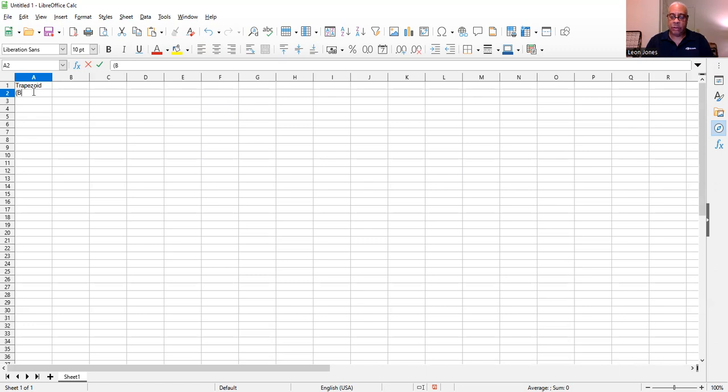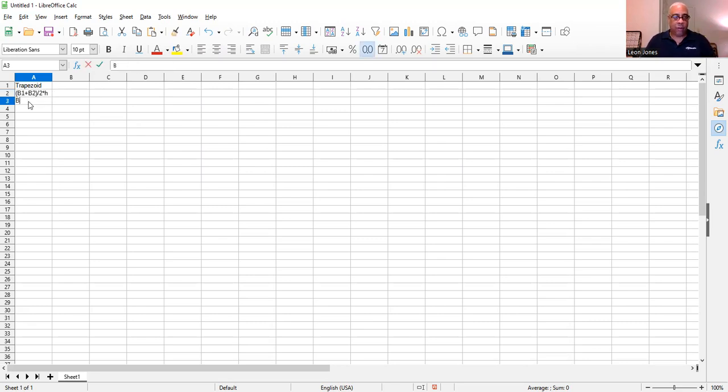B1 plus B2, times H. It's actually (B1 + B2) divided by 2, times H, because a trapezoid has two bases, or we could say two parallel sides.